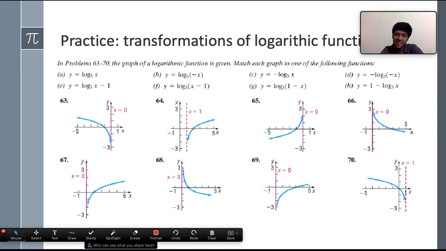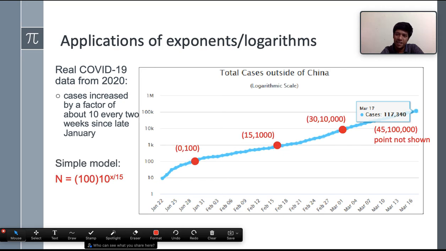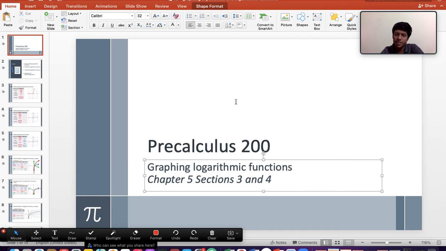You should instantly be able to draw all those 8 graphs. Then you will be mastering graphing of logarithmic and exponential functions. This is how you can master it.